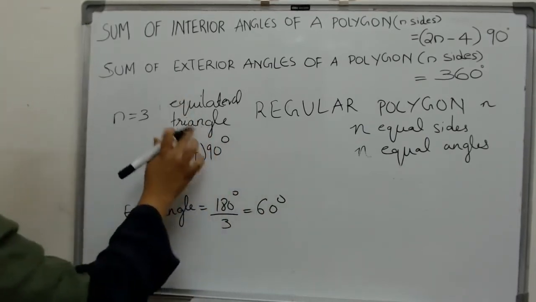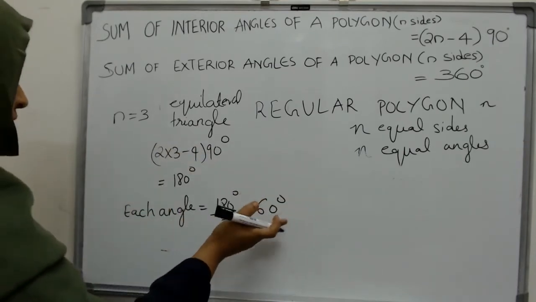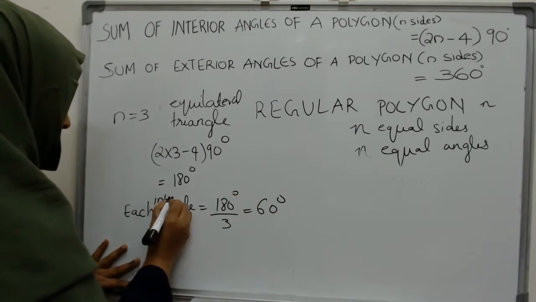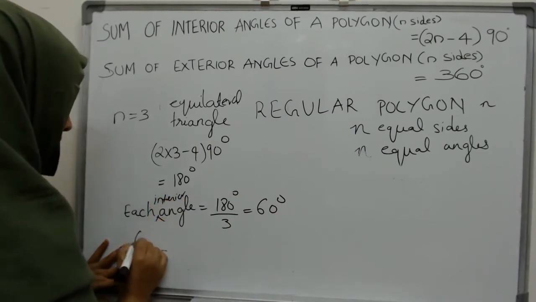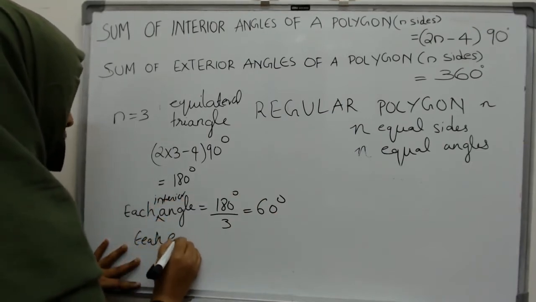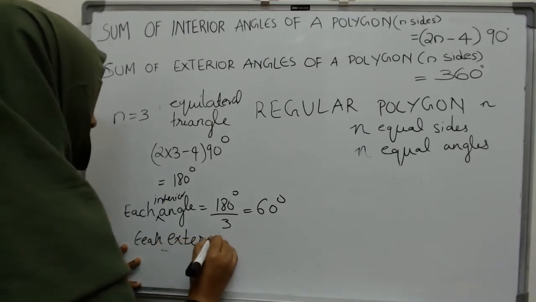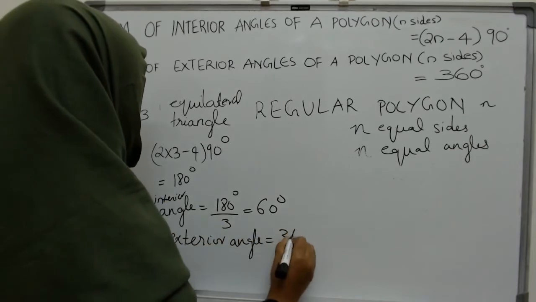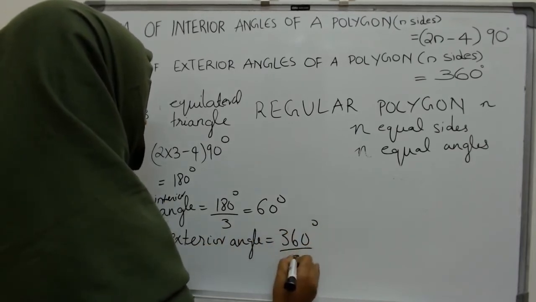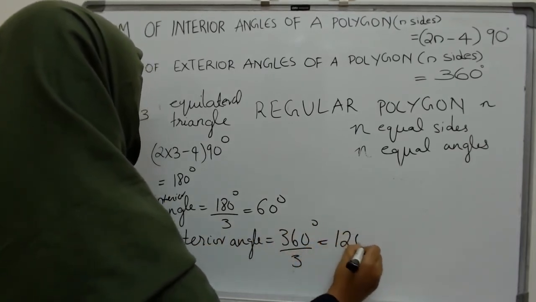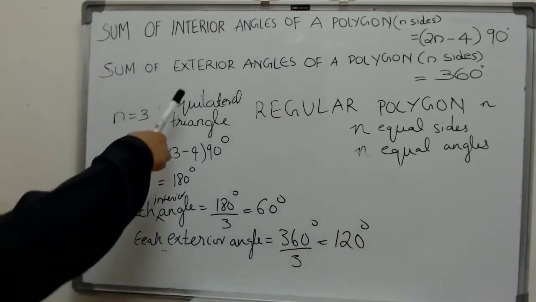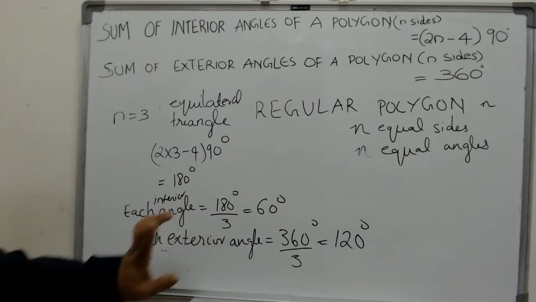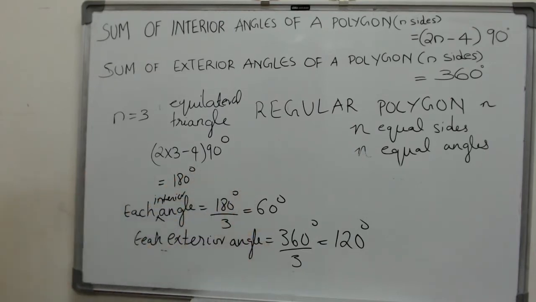So in an equilateral triangle, each interior angle will be 60. And each exterior angle will be 360 degrees by 3, which is 120 degrees. So for an equilateral triangle, each interior angle is 60 and each exterior angle is 120.